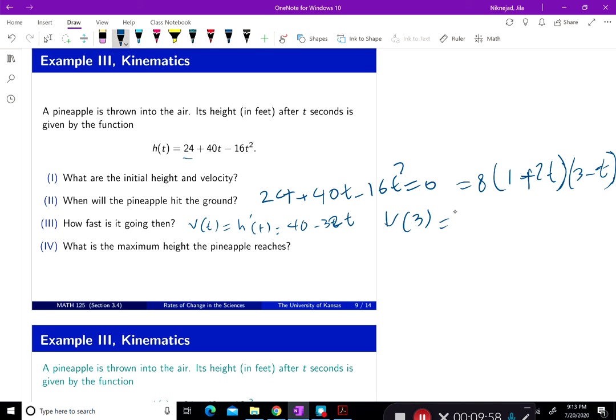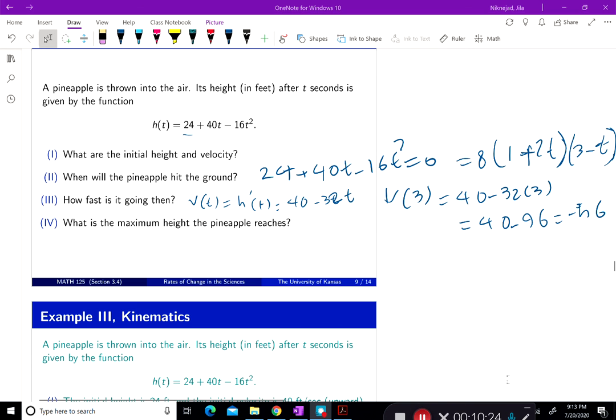Velocity at 3 is equal to 40 minus 32 times 3, which is 40 minus 96, negative 56. This is a negative number because when it's hitting the ground, it's going in the opposite direction of the positive direction.